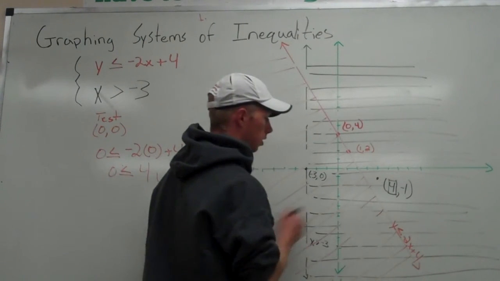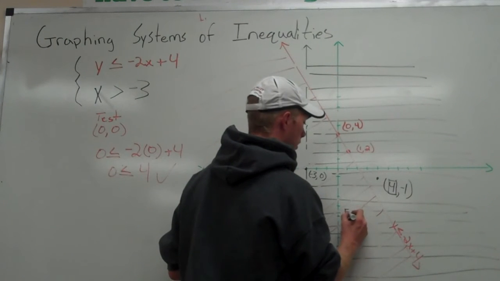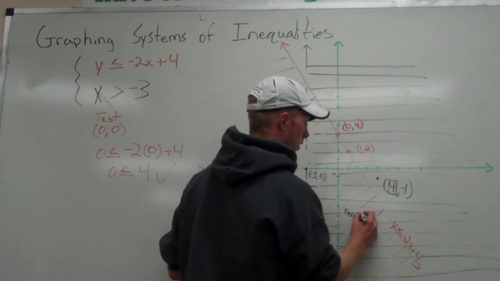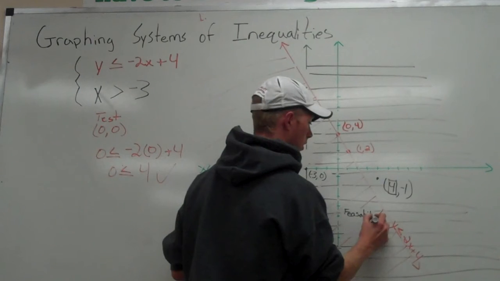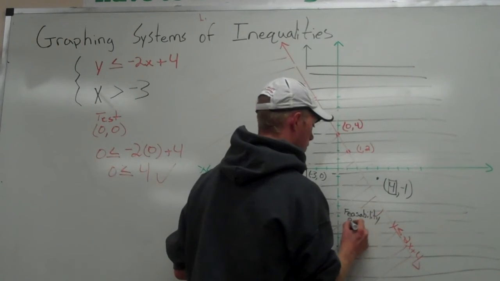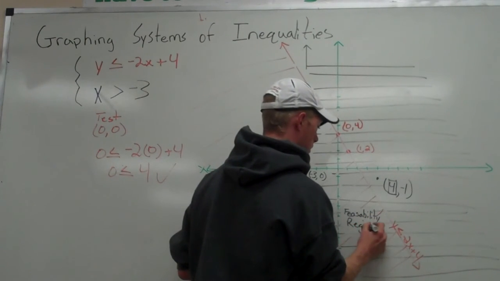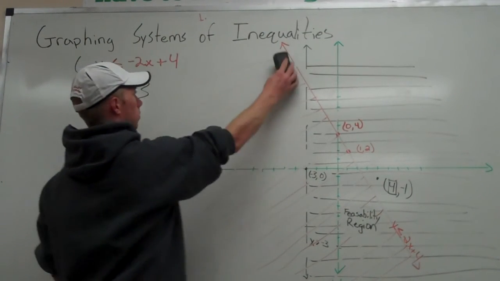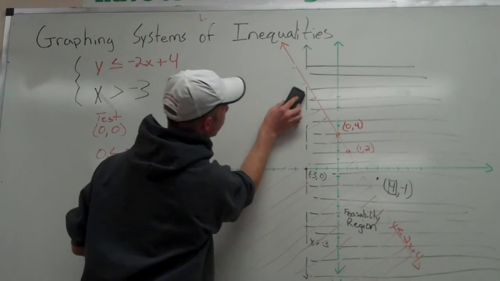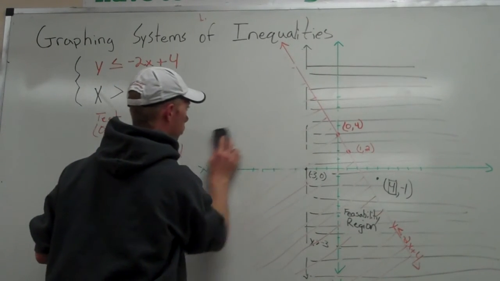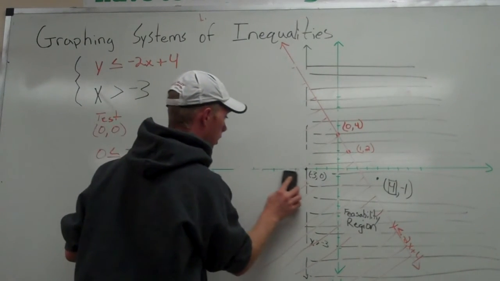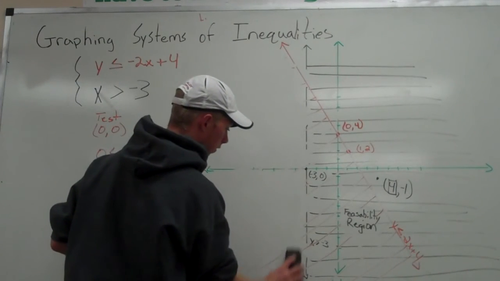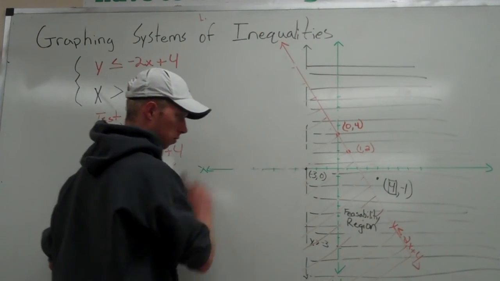Just so we remember what it's called, let's write it in. We've got the feasibility region, and I'm going to get rid of all my highlighting outside so it makes it nice and clear what my feasibility region really is.